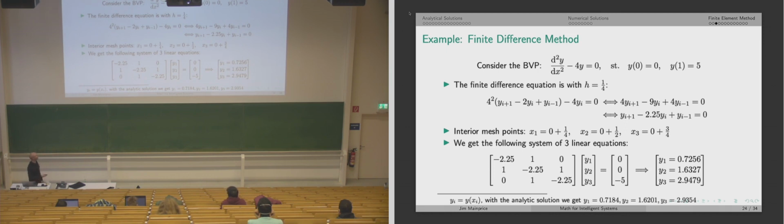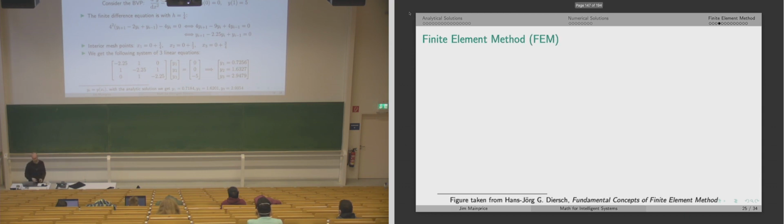So if the matrix here is invertible, meaning determinant is non-zero, we can multiply the vector here by the inverse of that, and we get our solution for y1, y2, y3. Okay. Okay. So I just have 5 minutes.